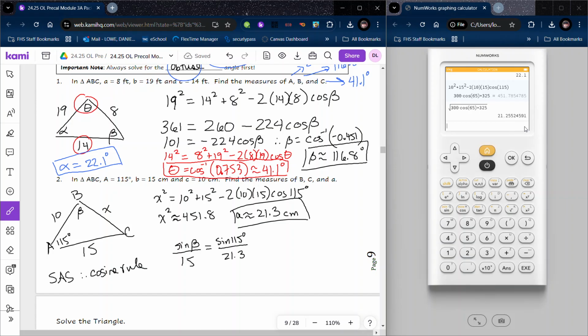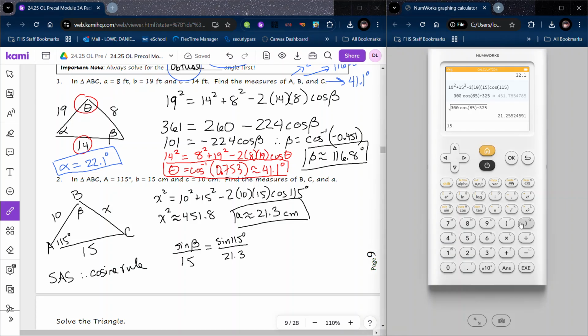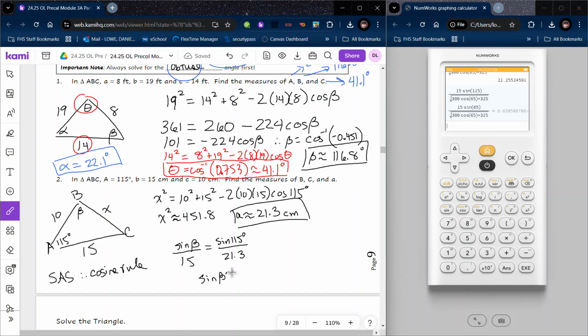And so I have 15 times the sine of 115 degrees divided by that 21.3, which is the answer. And that gives me that the sine of beta is approximately 0.6396.